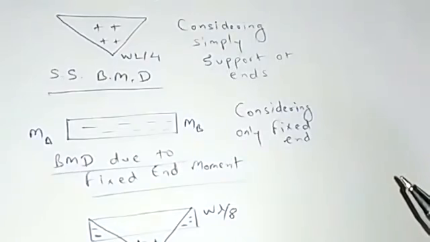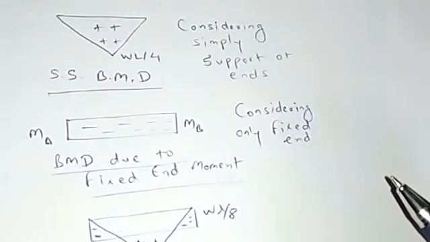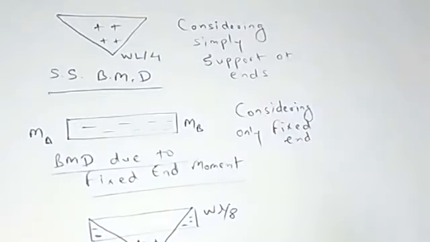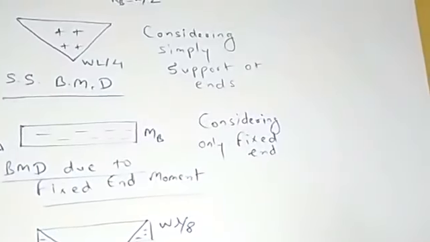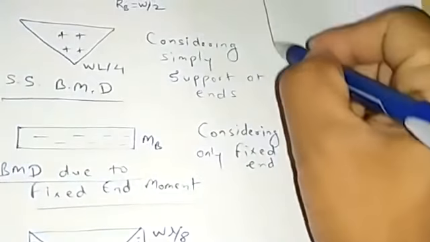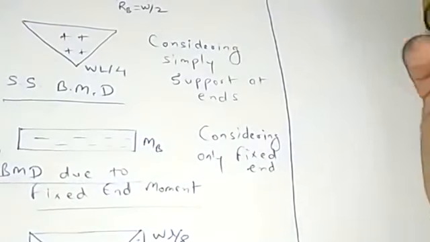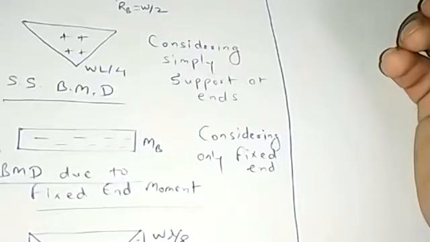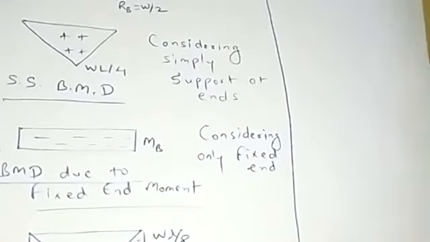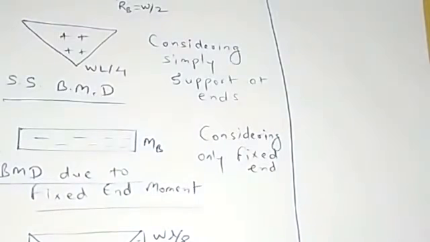So how do we get this WL by 8? If we consider the M by EI diagram, since the beam is simply supported, we get one bending moment diagram, and if only fixed moments are there, we get another bending moment diagram.